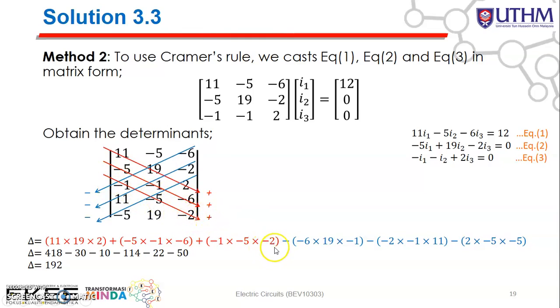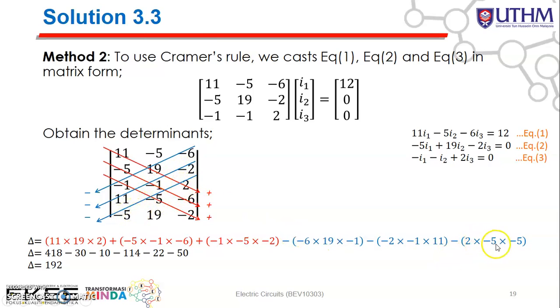And then minus this whole thing, number 2 and number 3: minus negative 6 multiplied with 19 multiplied with negative 1, minus negative 2 multiplied with negative 1 multiplied with 11, minus 2 multiplied with negative 5 multiplied with negative 5.